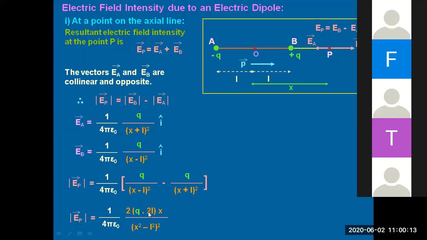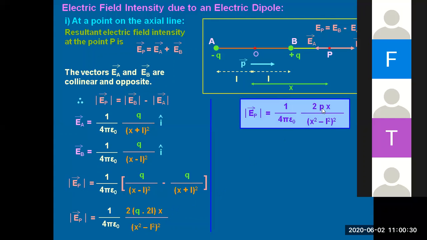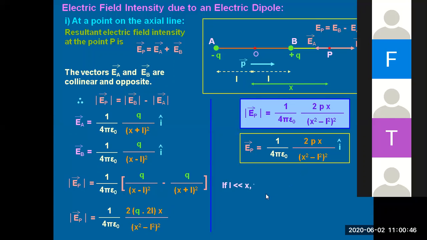The numerator will become 2 into L into x multiplied by 2, that is 4Lx, or in your previous derivation, it was 4a into r. Split it into 2q into 2L. So this dipole moment will be substituted now. p is your dipole moment, which is equal to q into 2L. So this will be replaced by p. Your final expression is 1 by 4 pi epsilon naught, 2px divided by x square minus L square the whole square.